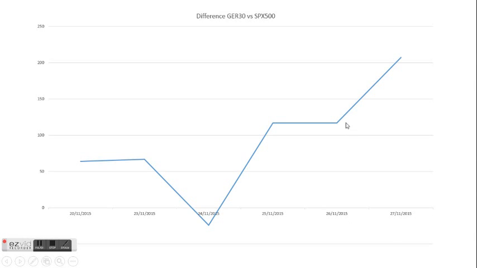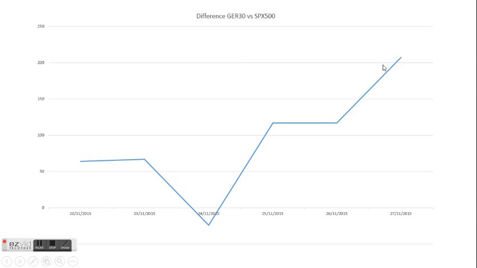Between Wednesday and Thursday, because American markets were closed on Thursday, we've just used the same point, so they didn't move. Although the futures moved, the actual stock market wasn't trading, so I kept it equal, because that's how I calculate the difference. I use the actual stock market, not the futures.